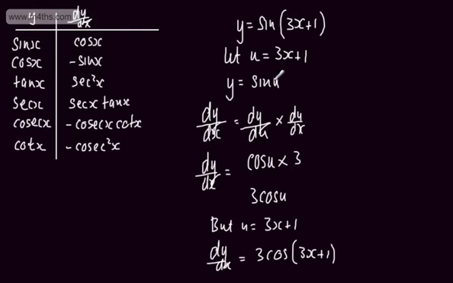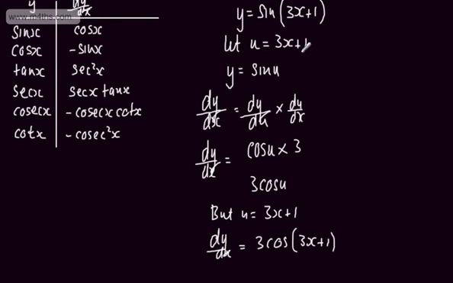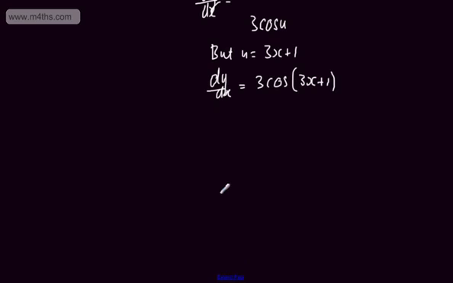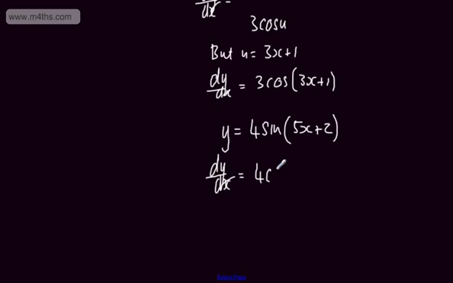The way we often do this is simply to say differentiate the outside function, rewrite the inside function and multiply through by the derivative of the inside function. So for example, if we had y is equal to 4 sine of 5x plus 2, we would differentiate the outside function. So we could write dy by dx, and this is the informal approach, would be 4 cos of the inside function which we rewrite, and then we multiply through by the derivative of the inside function.